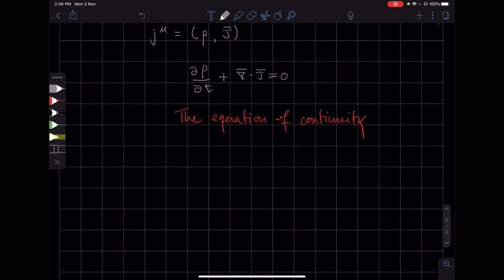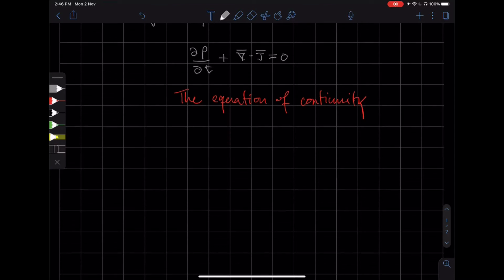Now, to get the conserved charge from the equation of continuity, what we do is that we integrate the equation over all space. So let's denote all space by sigma. Then we integrate this equation over sigma, and it's a volume integral.